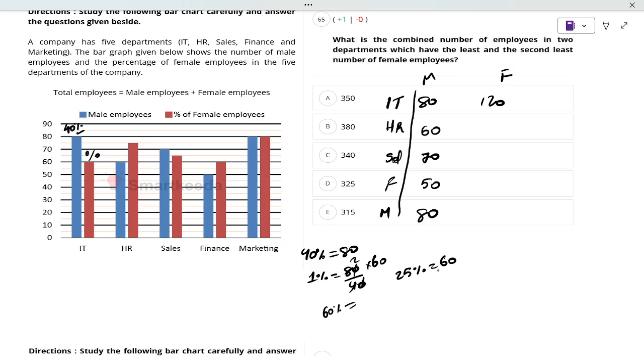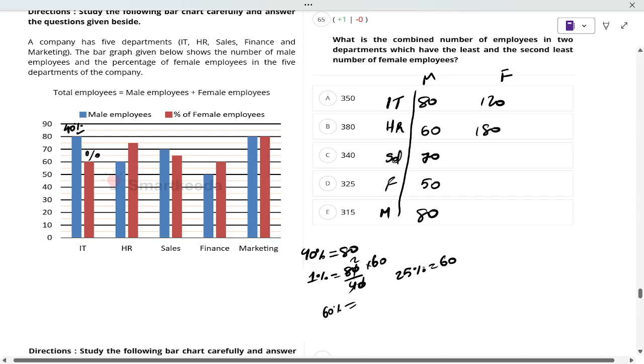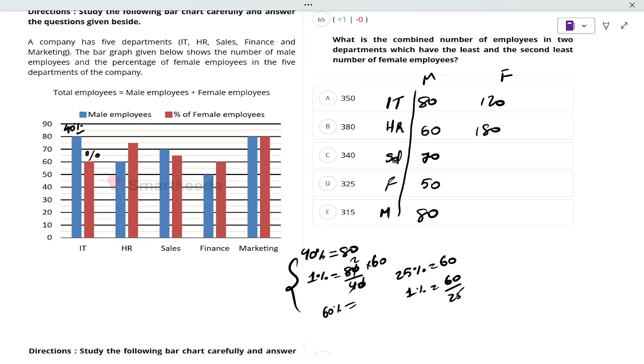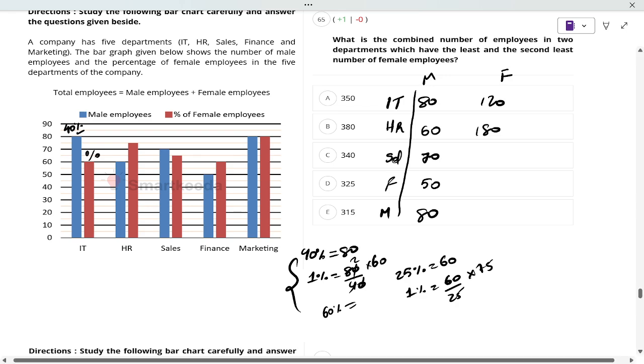So if 1 part is equal to 60, then 4 parts will give us 240, but we need only 3 parts, so that means 180. How do we get it with this style? 1% is equal to 60 by 25, but we need 75%, correct? So 3 times 60 is 180.